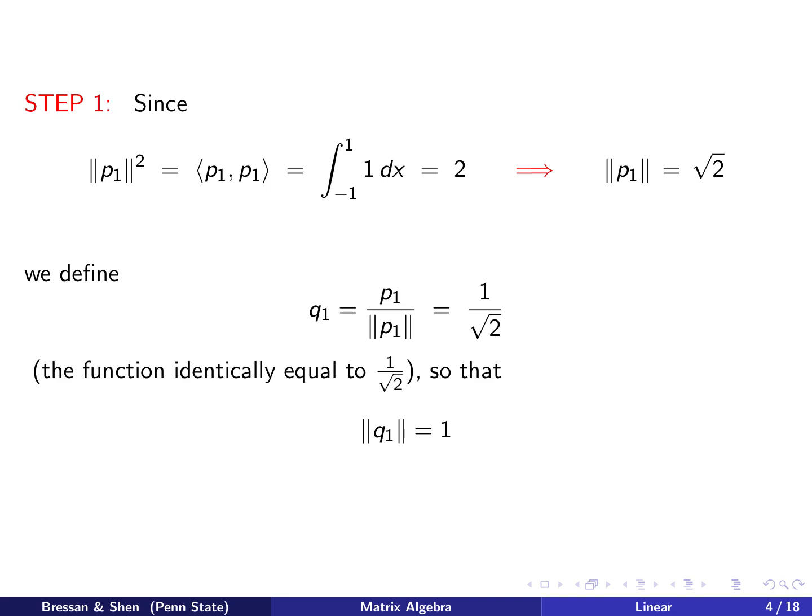One can easily verify that the norm of Q1 is 1. You can take the inner product of Q1 with itself, which will get you one half, and integrate one half over the interval from -1 to 1. You will get 1.